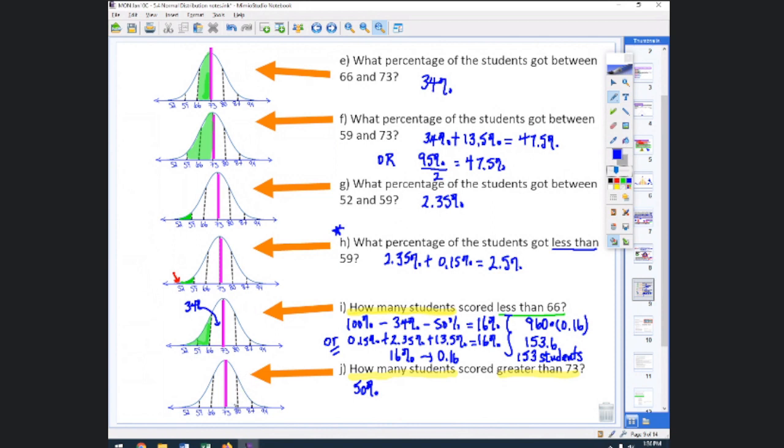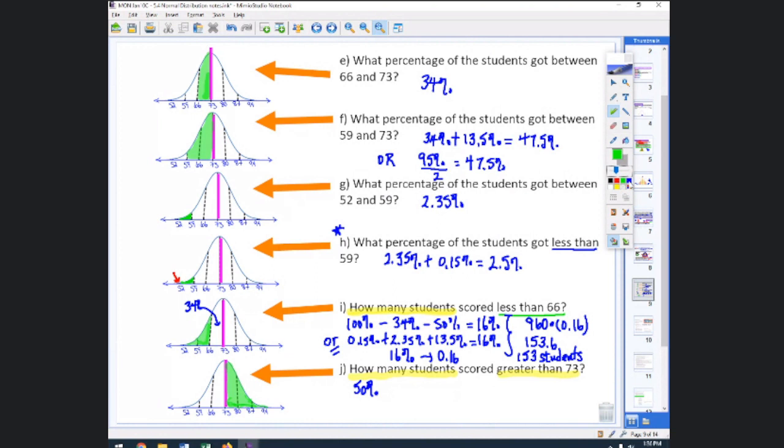So half of the values are on this side and the other half are on this side, approximately. So if I'm looking at greater than 73, I'm all in on the other side. I would have all this region right here, including what's beyond here, that little piece on the end.